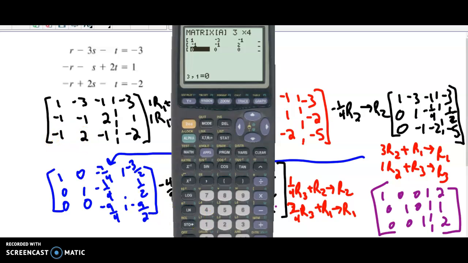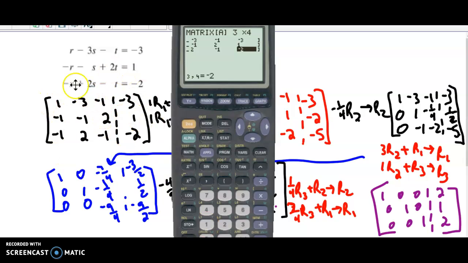Now for this last row it was -1, 2, -1 and -2. Try to look up every once in a while and make sure that you're entering things correctly.